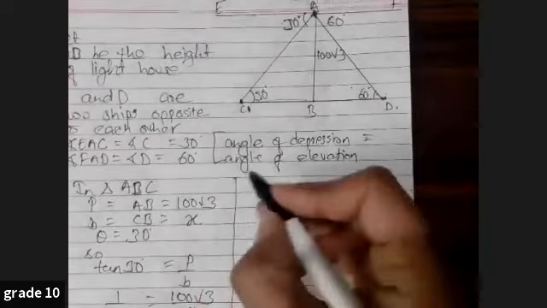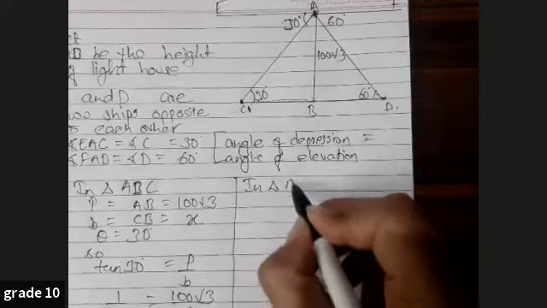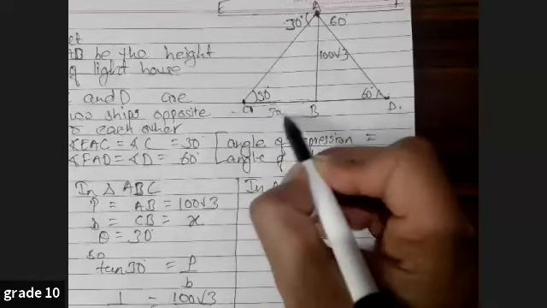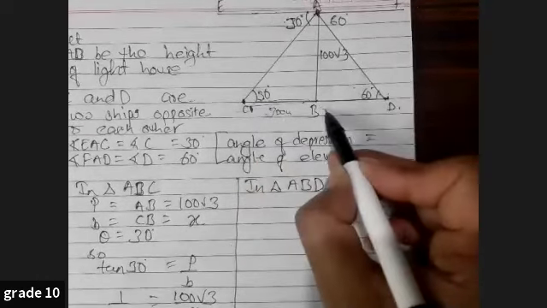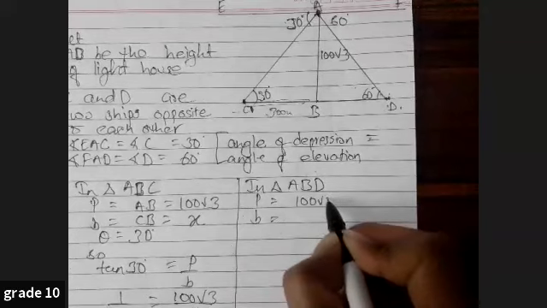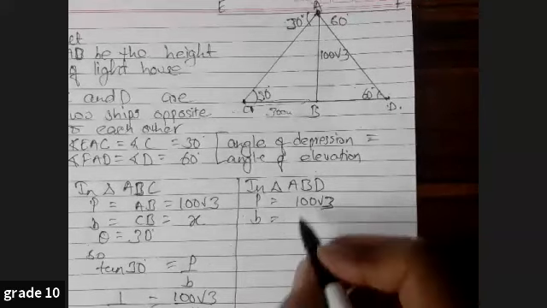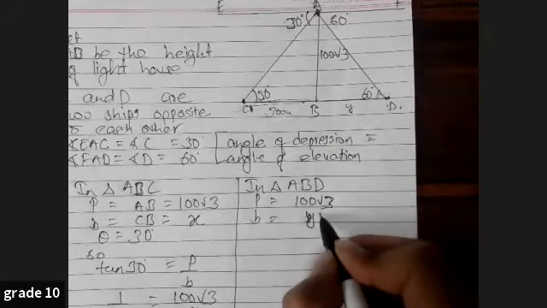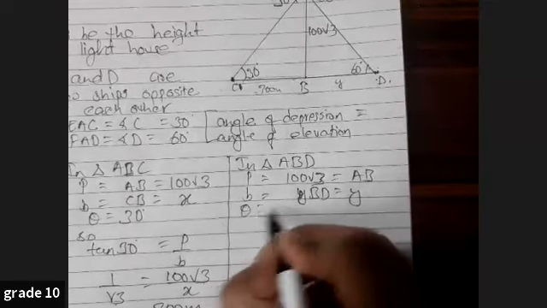So another triangle is ABD. In triangle ABD, this is done, this has come 300. Now the other distance from B to D we have to find in the same way. This time also P and B. This is 100 root 3, and BD is Y. Then theta equals 60 degree.